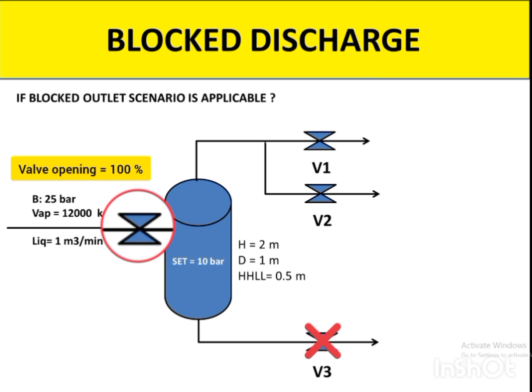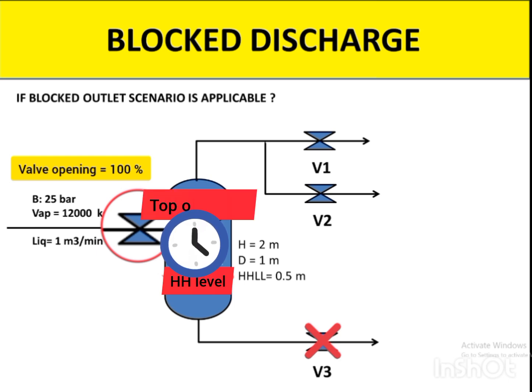To check if block outlet is applicable here, we should calculate the empty volume of our vessel and then calculate how much time it takes for the liquid to go from the high liquid level, which is the worst level, up to the top of the vessel.